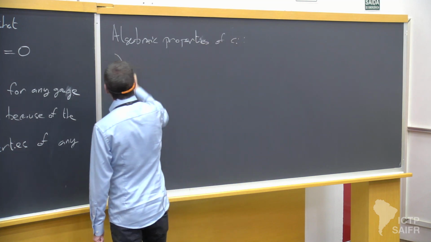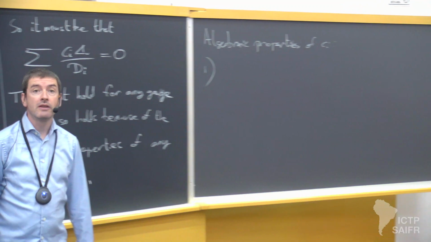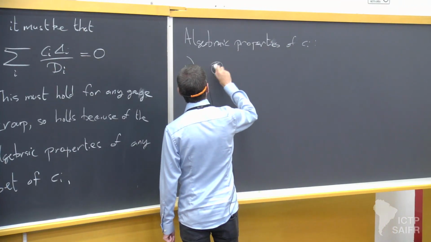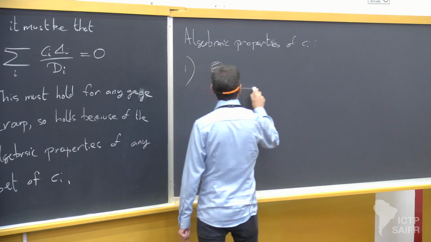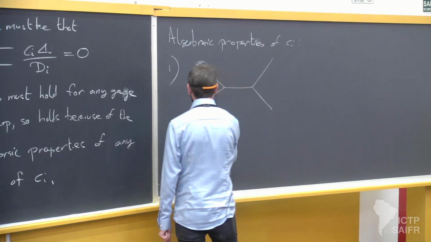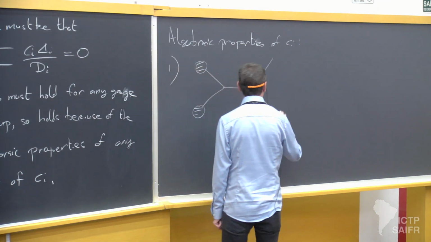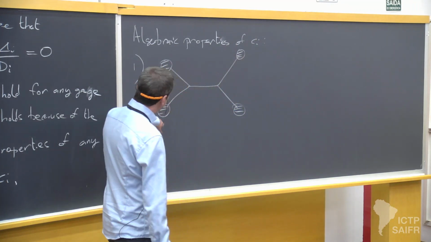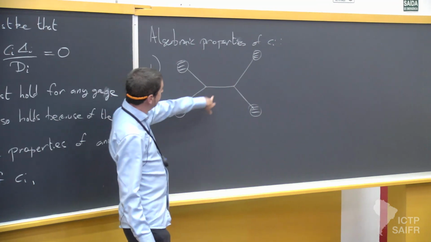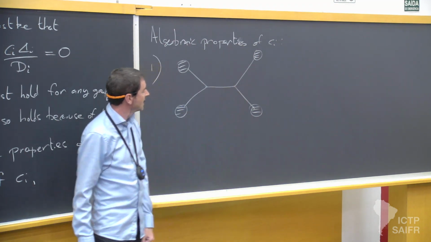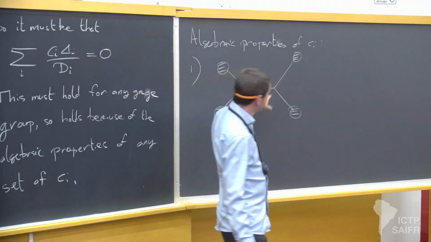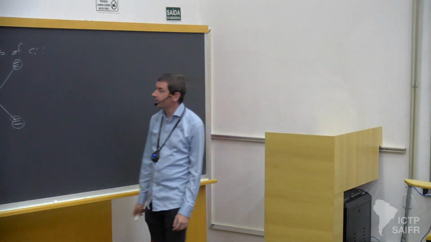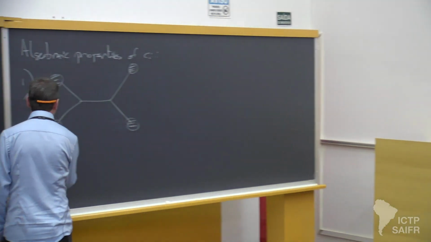Well, there's basically two. The first is a set of Jacobi identities. So let me draw this out. What does a Jacobi identity look like? Here I'm going to imagine that I have a 4-point type propagator stuck inside some larger Feynman diagram, right?